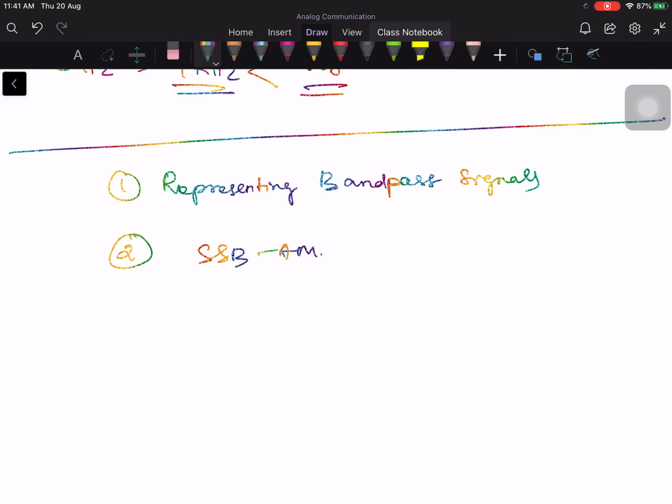Now let us look at the next concept. The next concept that I am going to introduce, a new concept which is based on Hilbert transform, is the concept of analytical signals.